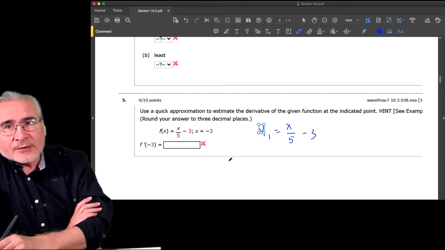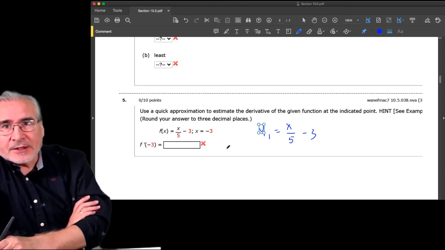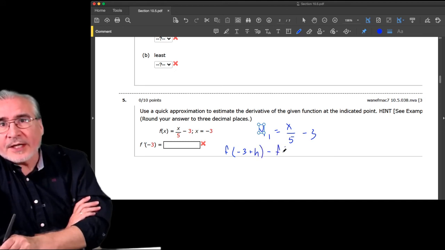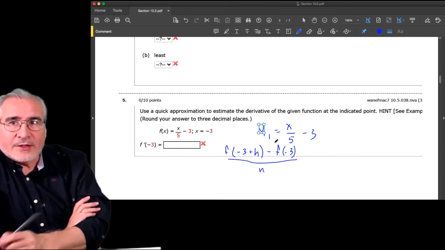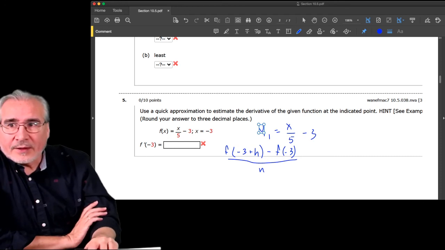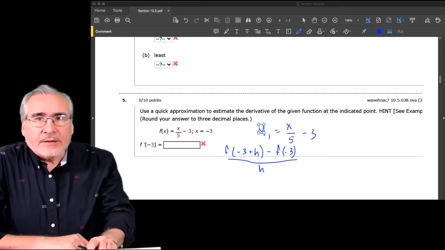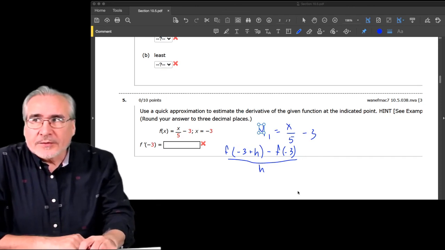You can also use either the balanced or the other difference quotient. So we would use f of -3 plus h minus f of -3 all over h, and we take the limit as h goes to 0. Okay, so that would be your approach for number 5.